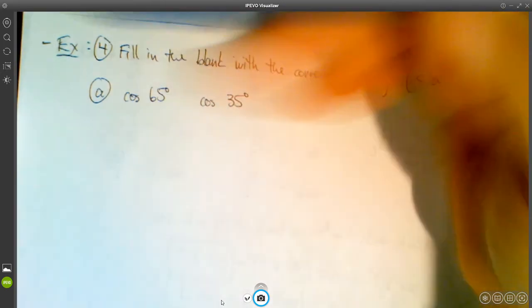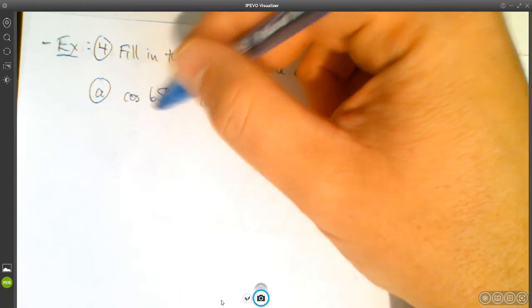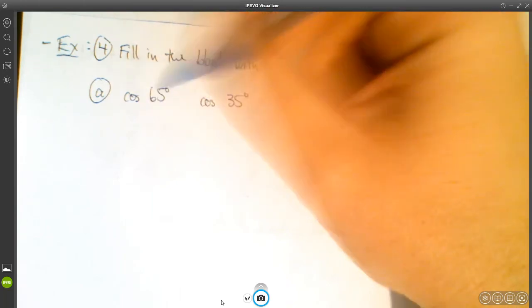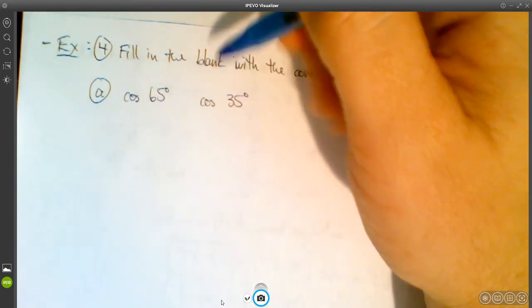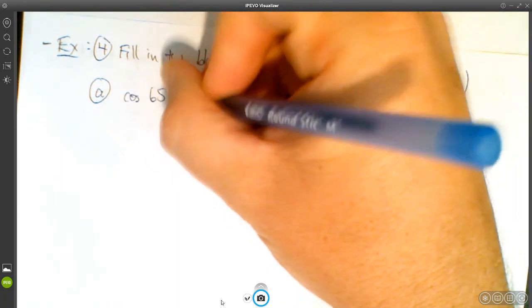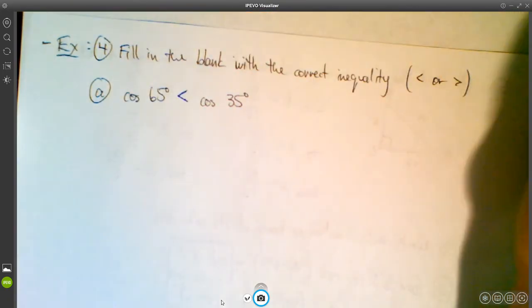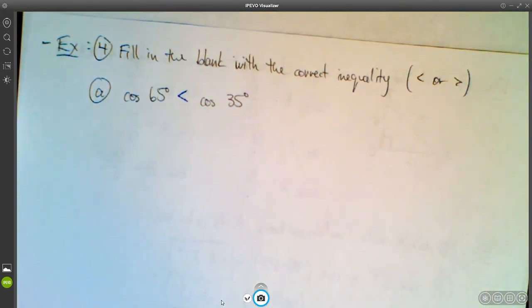So conversely, as theta decreases, cosine increases. So as theta decreases from 65 degrees down to 35 degrees, cosine theta is going to increase. That means that cosine of 35 degrees is bigger than cosine of 65 degrees. So cosine 65 is less than cosine 35, right? So we should have a less than sign there.